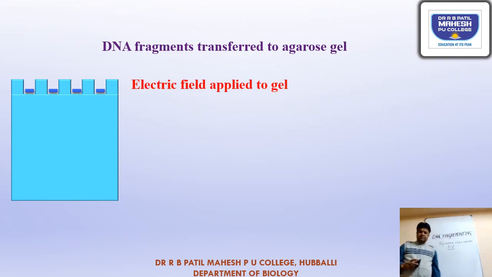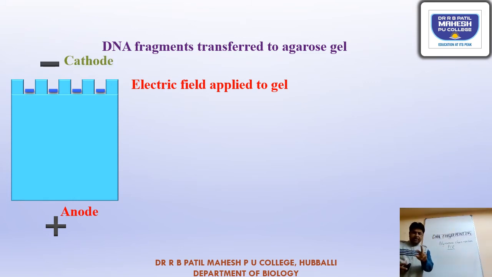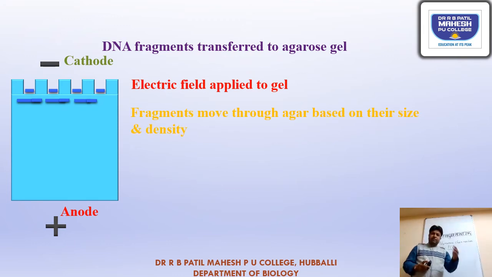The electric field has two poles, anode and cathode. You already know that DNA is negatively charged, so it moves towards the positive side when you apply the electric field. After applying the electric field, the fragments move through the agarose based on their size and density.